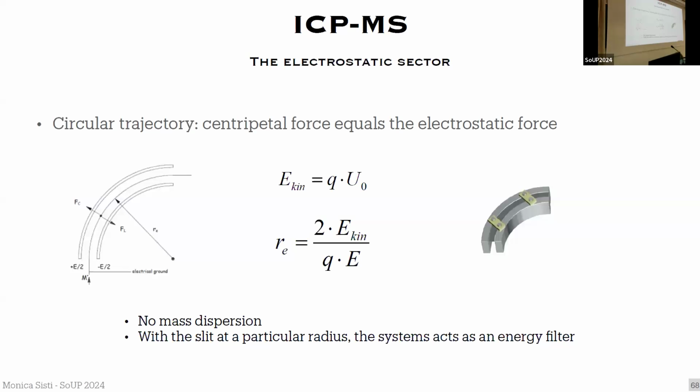I said that you can have a magnetic sector, but to improve the ion separation, if you add an electrostatic sector that makes only a filtering of the energies, you can improve the separation a lot. The electrostatic sector doesn't select according to the mass, it selects according to the energy.